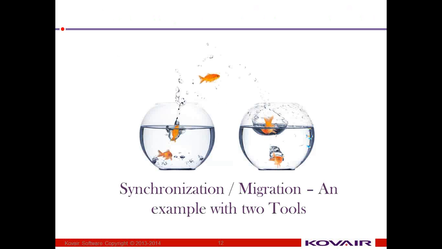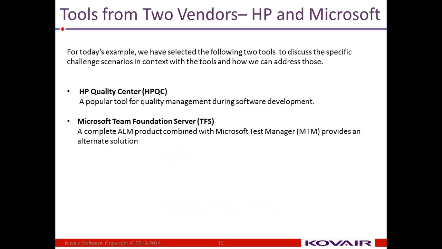So, talking about the benefits and the challenges, now we come to the point where we take up a particular example with two tools. Tools from two vendors we are considering in this example, HP and Microsoft. For today's example, we have selected these two tools to discuss the specific challenge scenarios in context with these tools and how we can address those.